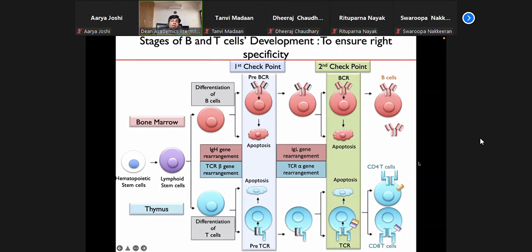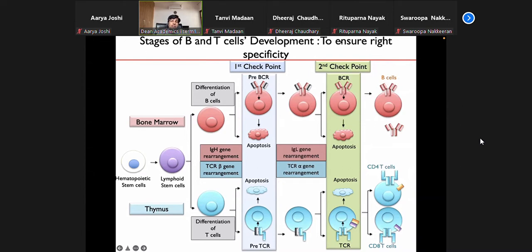Now, when it encounters any antigen, the cell will start responding to that antigen by recognition of the antigen through BCR. It will then undergo the process of activation and differentiation. It will make activated B cells. These activated B cells are going to produce antibody molecules, right? So this is for the B cells.